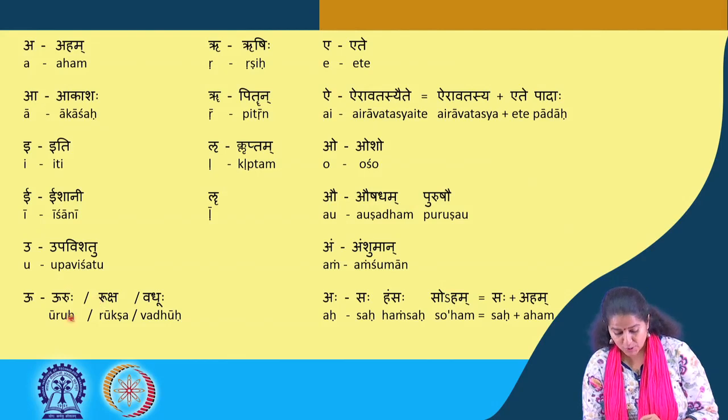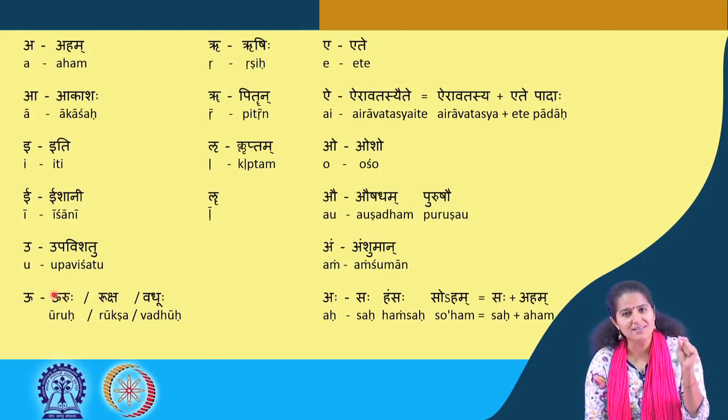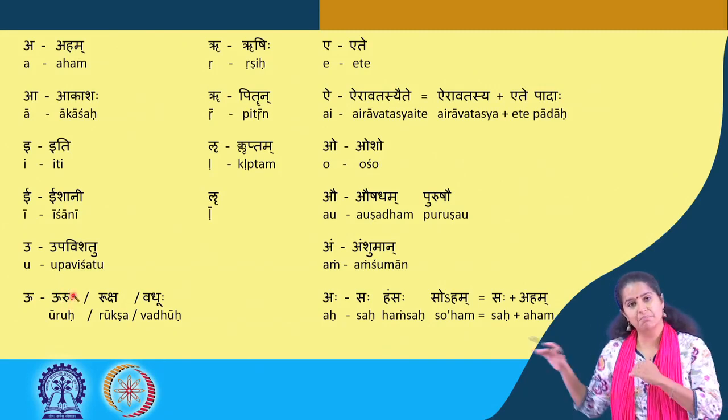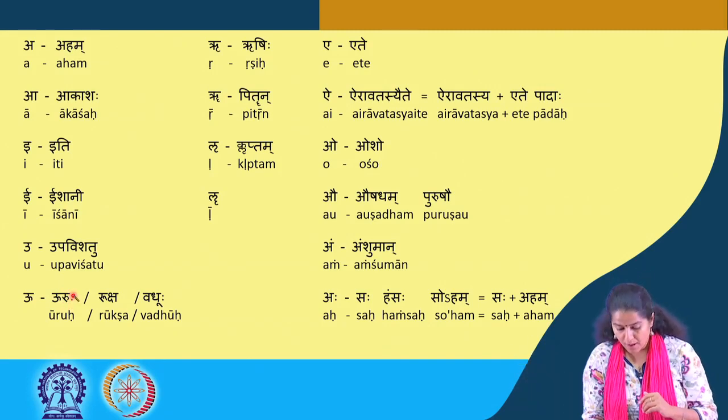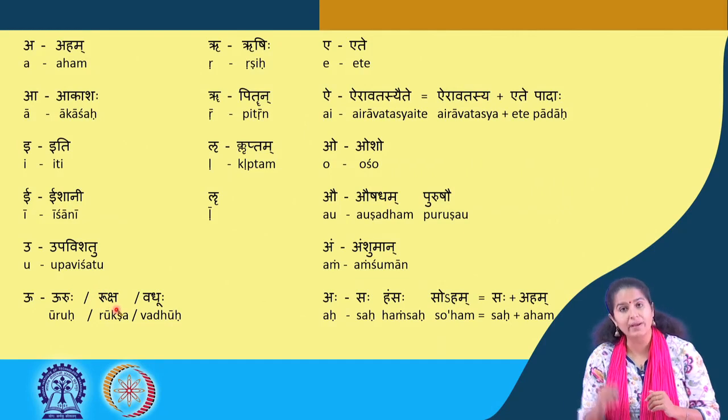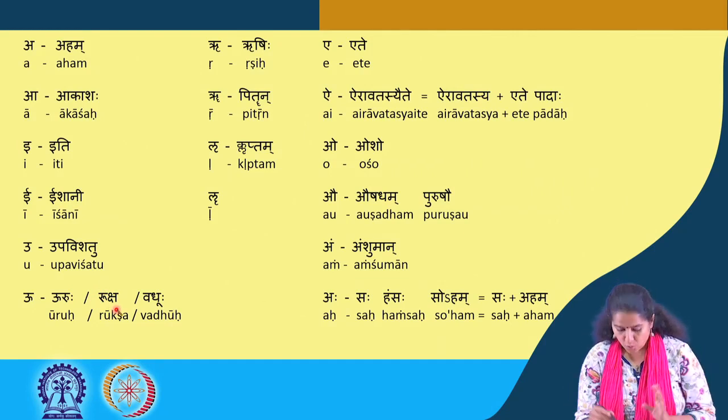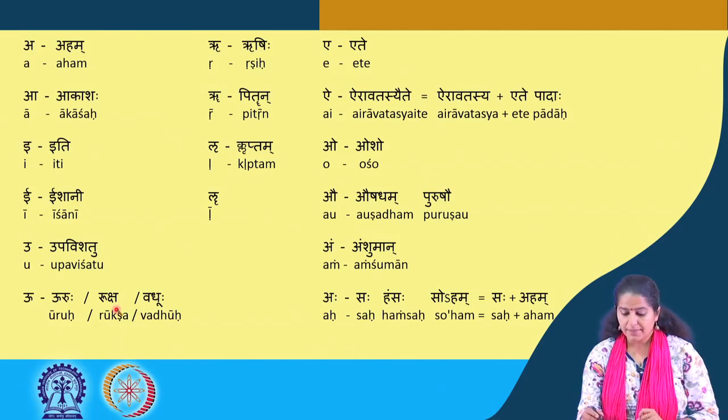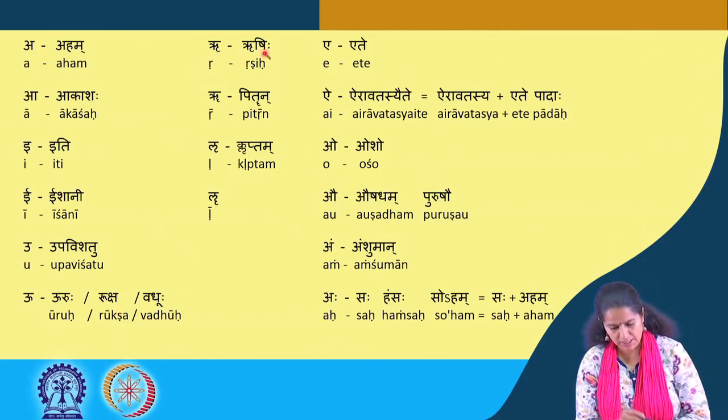Now, Ruksha, as you can see, the R is a letter which is a little special because the U comes into its back like that for a short one. For the longer one, it does a small squiggle and it goes down. So, Ruksha, meaning hard. Then we have R for Rishihi, R for Pitrin.